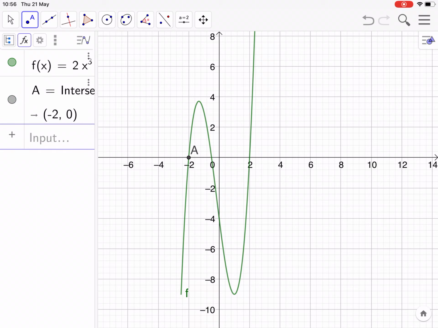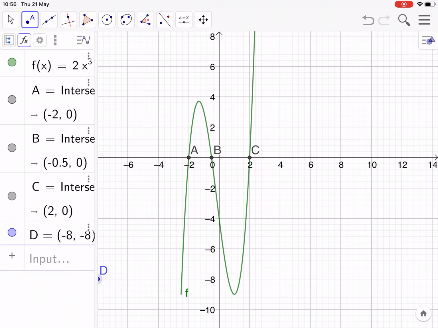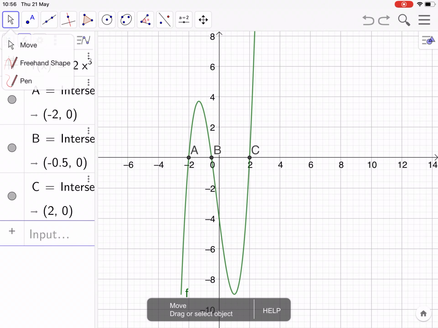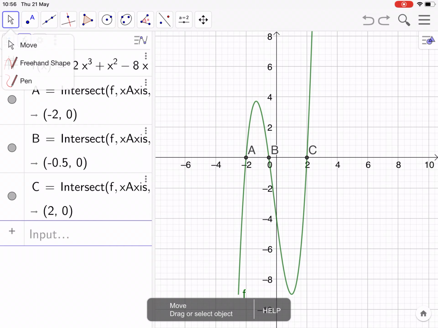So there, there, and there. They are the values of x. So x is equal to minus 2 or minus 0.5 or 2. Done.